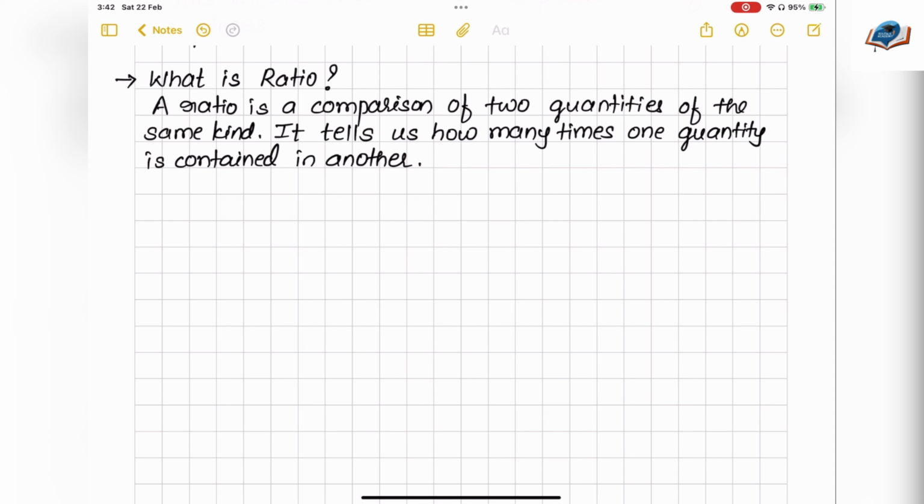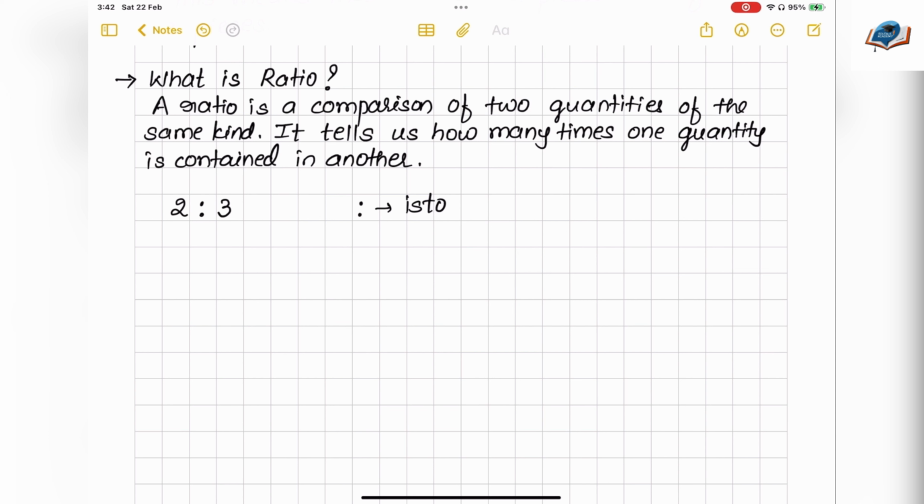So to make it simple, we write 2 is to 3. This sign represents "is to", and this shows that they are in the ratio. So it may be 2 kgs to 3 kg, or 2 balls to 3 balls, or 2 chocolates to 3 chocolates.